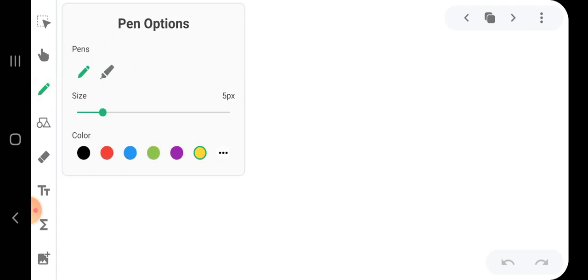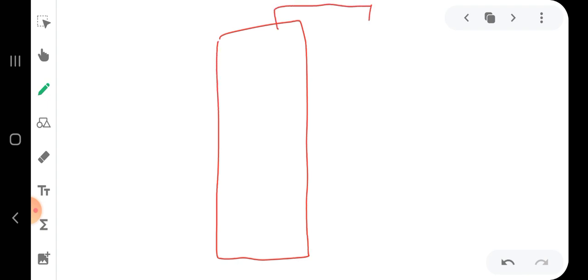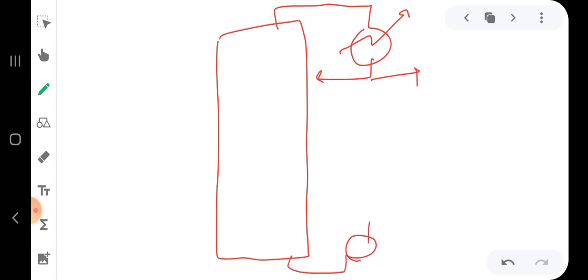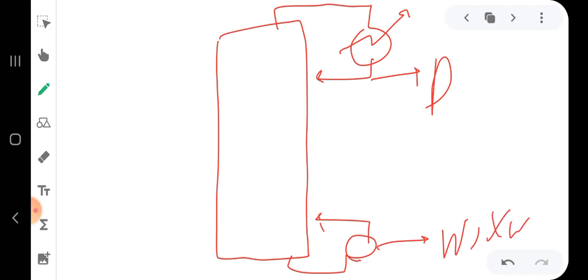It is like this. Let me draw. This is the distillation column, this is the condenser, and this is the reboiler. You have here the distillate with XD, and the waste with X waste.